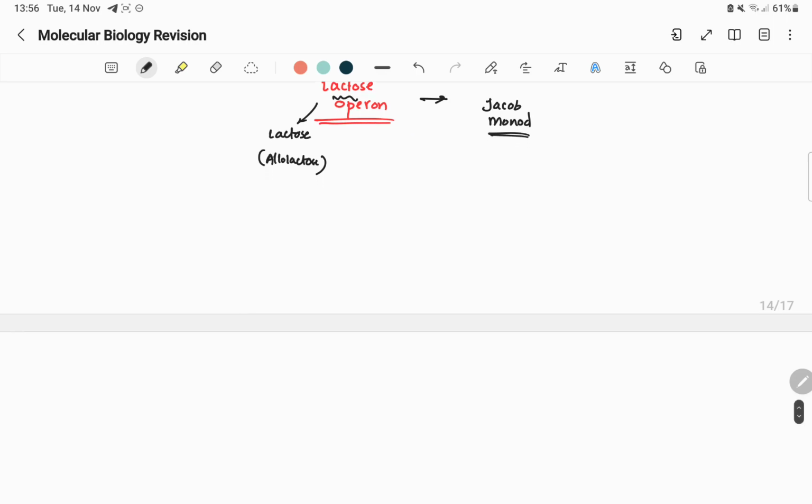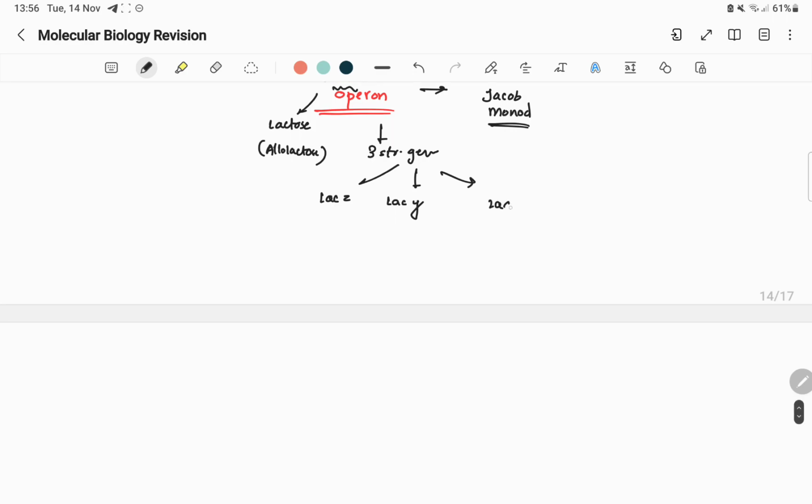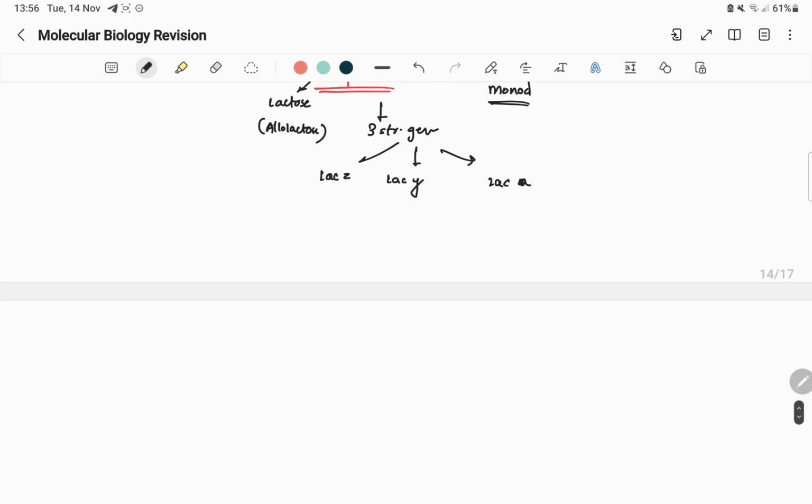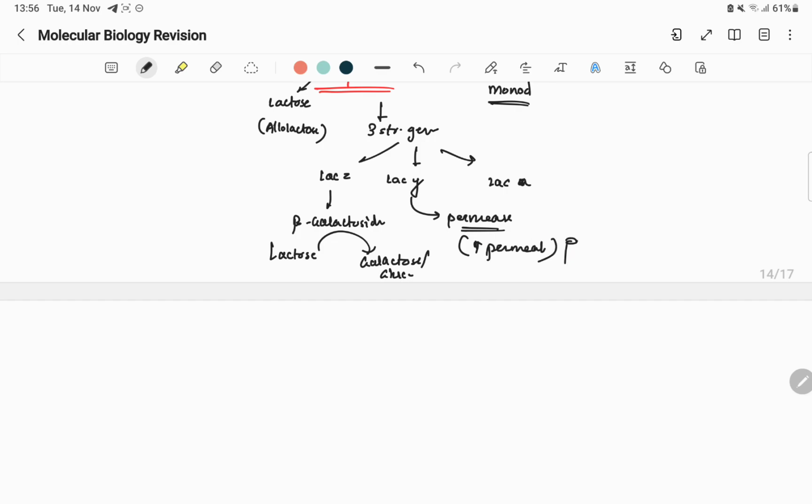We have three structural genes here: the lac Z gene, the lac Y gene, and the lac A gene. The lac Z gene codes for beta galactosidase, which converts the lactose into galactose and glucose. The lac Y gene codes for permease, which increases the permeability of the cell for lactose to enter the cell.